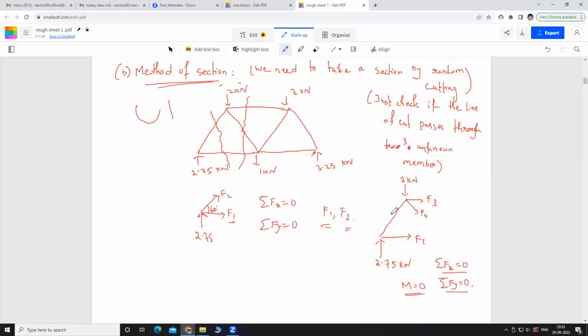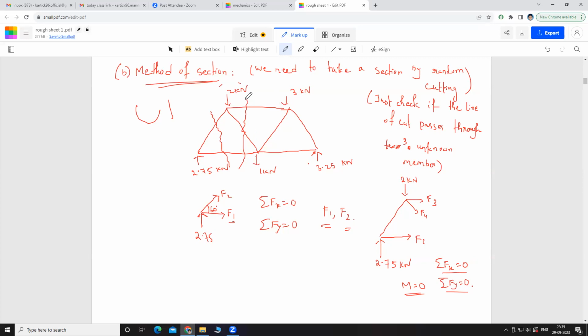And actually, it's not like every time you need to cut in the vertical direction. You can also cut horizontally or at any angle. This angle is also fine.